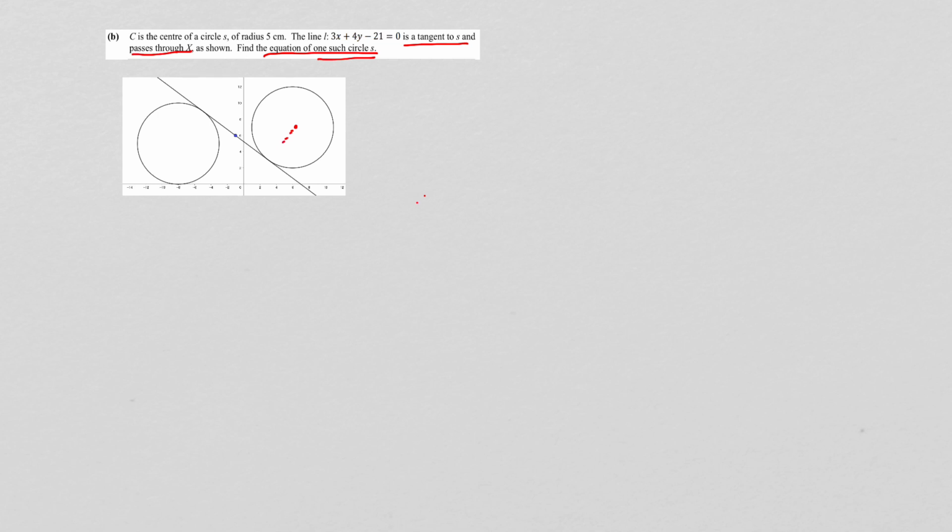So based on the information provided in the first diagram, we were told 5 centimetres, we had X to C, and of course if there are two possible circles, that means they're identical in size, and meaning that there would also be both radius of 5 centimetres. So what we've just found is the line XC.